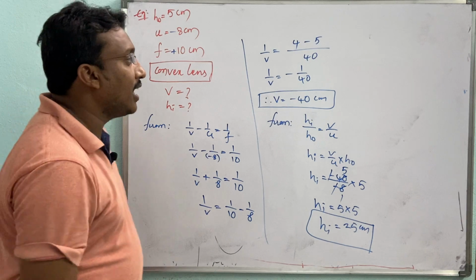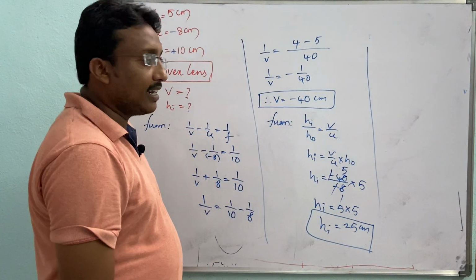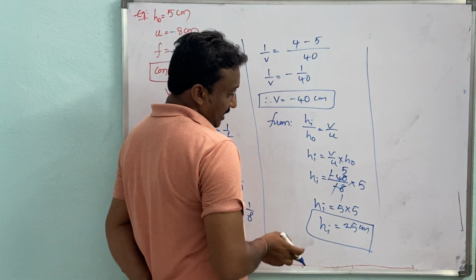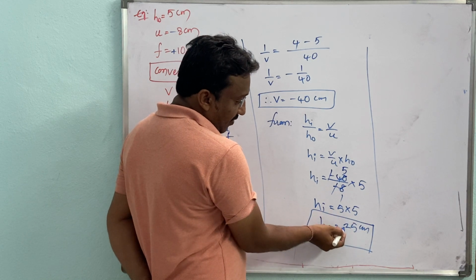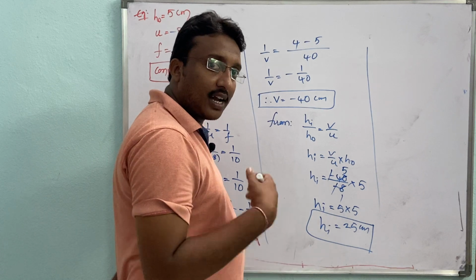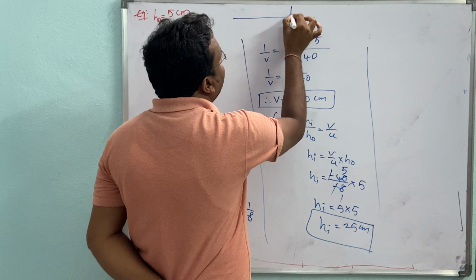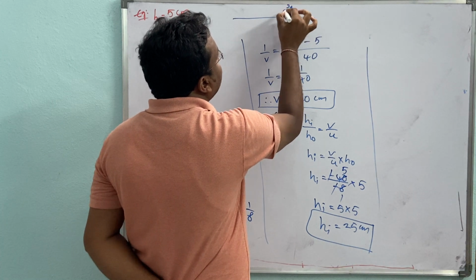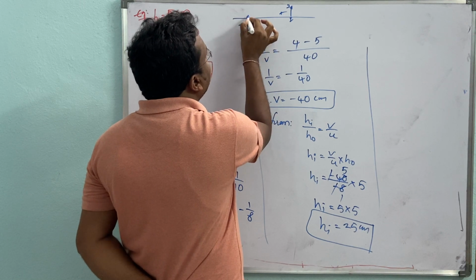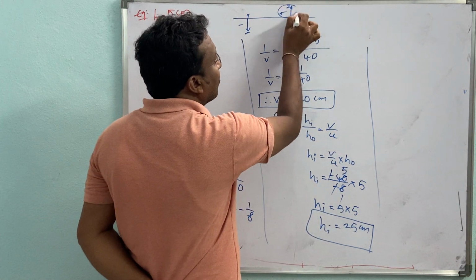By using these values, we have to write the characteristics, right? Then what are the characteristics? First, type of image. Here we get a positive image height value. When we take the height of the image as positive, I said the image is above the principal axis. If the image is below the principal axis, we will take it as negative. Here I get a positive value, that means above the principal axis only.